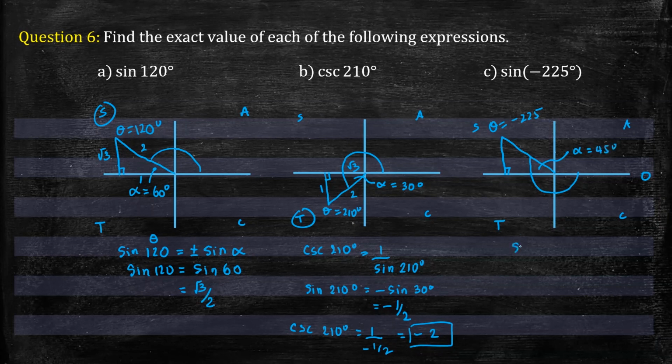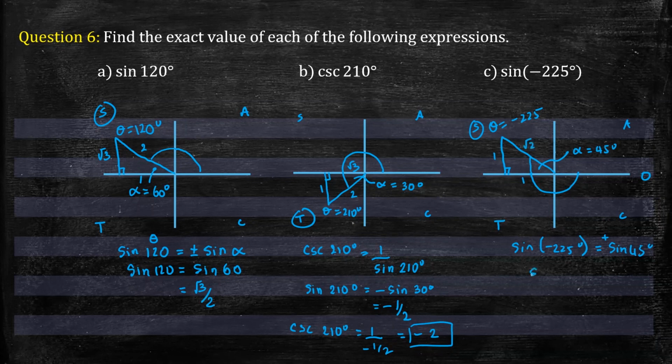So we could say that sine negative 225 equals sine 45 degrees. And we use positive because sine is positive in this quadrant. So what is sine 45? If we have a 45-degree angle, these sides will be 1, 1, and the hypotenuse will be root 2.